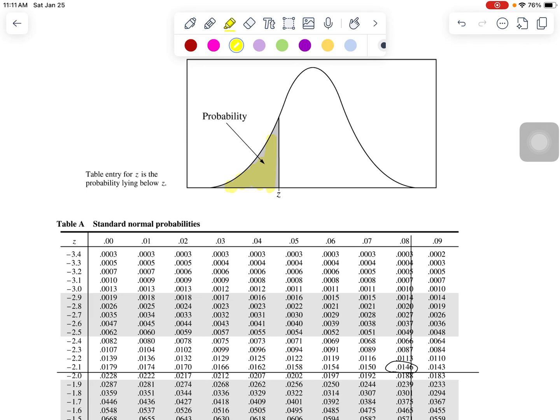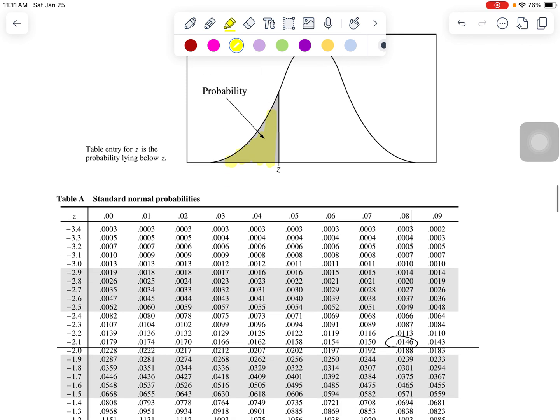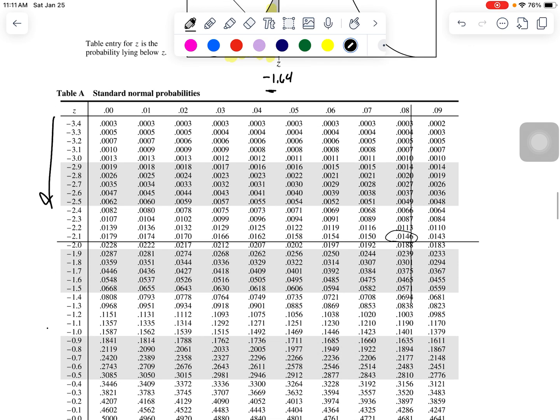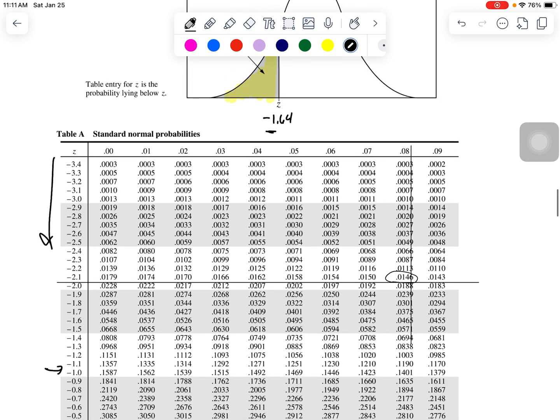Now, all of these are going to be negative z tables. Let's say, for example, this little mark here was a negative 1.64. So I'm going to go down to negative 1.6, which is this row right here.